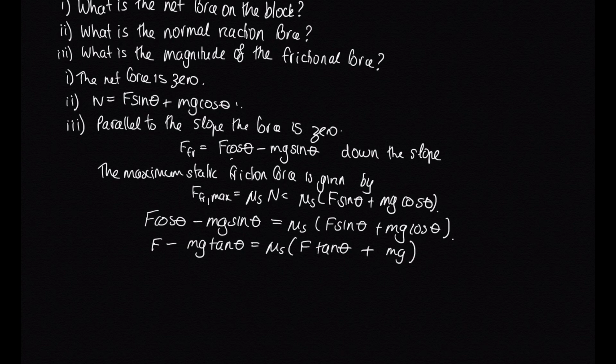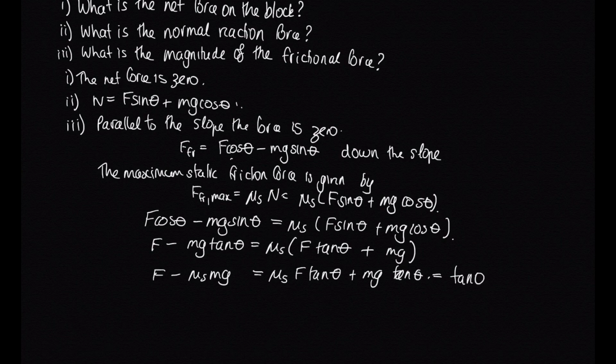And so moving everything with a tan theta over to one side, we end up with mu s F tan theta plus mg tan theta, and then we've got F minus mu s mg. So I can take tan theta out as a common factor here, and we've got mu s F plus mg.